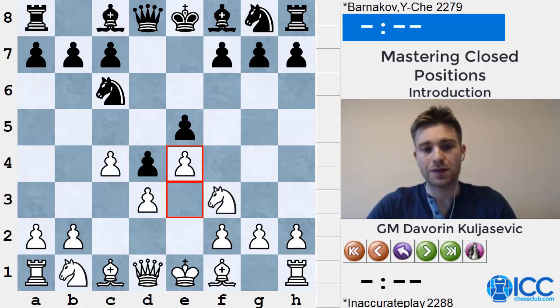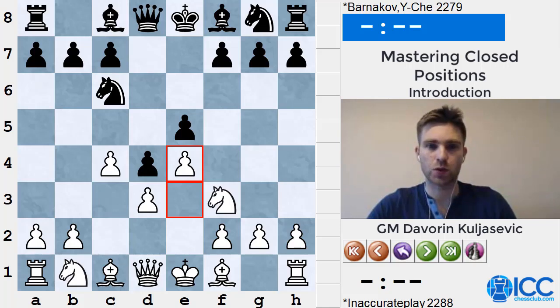But this is not necessarily the type of position that we will always analyze. I also consider closed positions those where there is still some flexibility in the pawn structure, but the center is relatively static, so the pawn structure in the center will not change for the foreseeable future. And there could be an open file or a semi-open file.